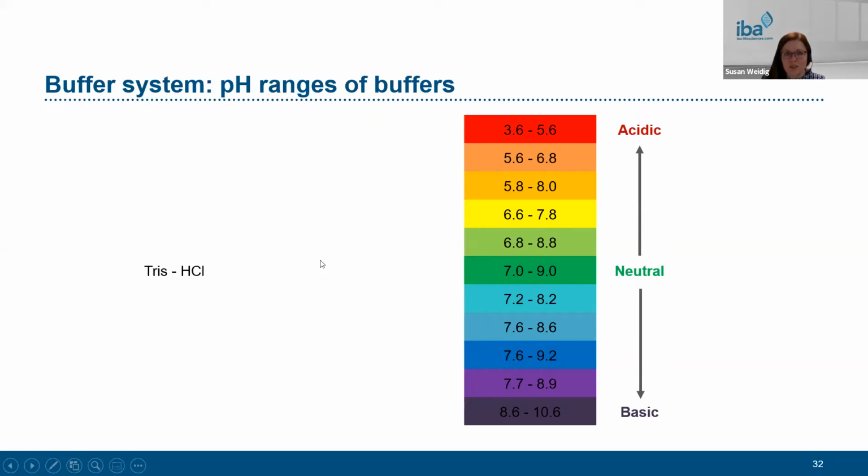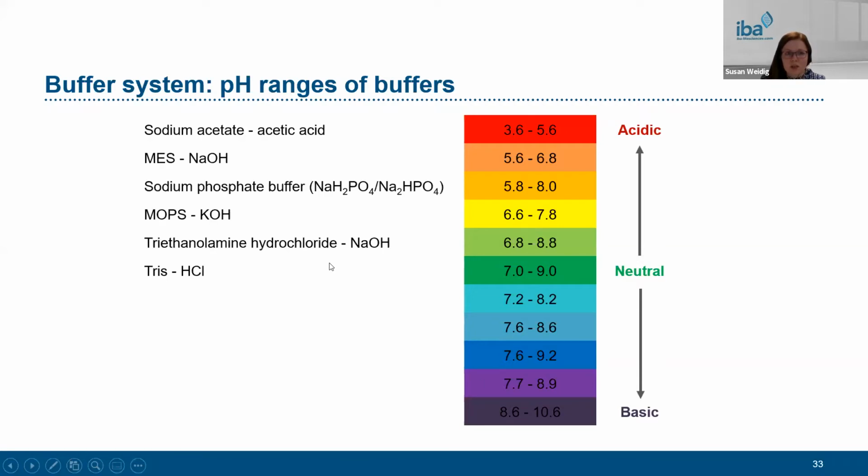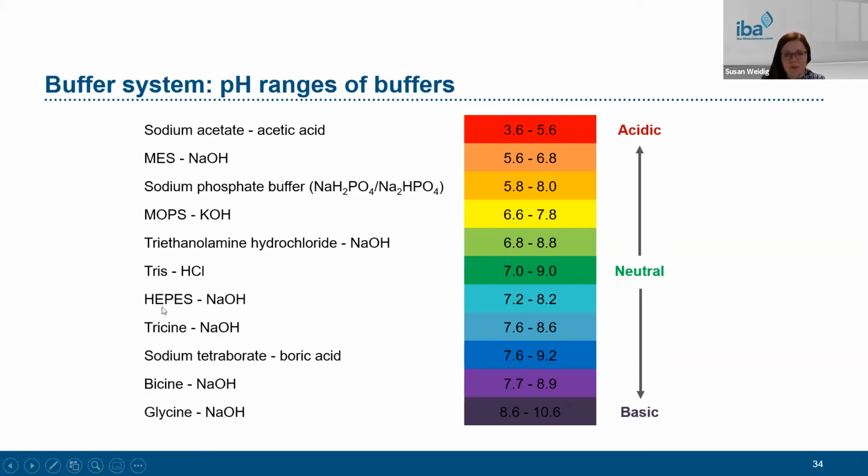But if you need a buffer system with an acidic pH, you can use, for example, sodium acetate, MES buffer, sodium phosphate, MOPS buffer, or something else. And if you need a basic pH, then you can choose one of the following, for example, HEPES, Tricine, sodium tetraborate, or Bicine or glycine.